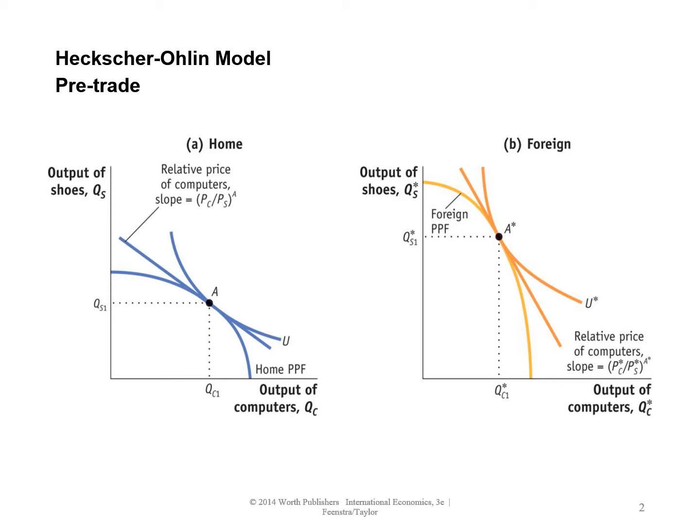Let's just review real quickly the intuition for why the home country can produce computers to a higher degree than the foreign country, and why the foreign country can produce shoes to a higher degree than the domestic country. The home country is well endowed with capital, and capital is the factor that computer production requires intensively.